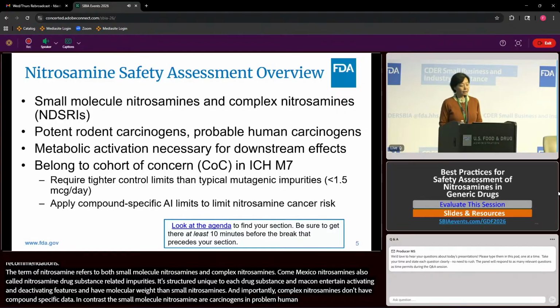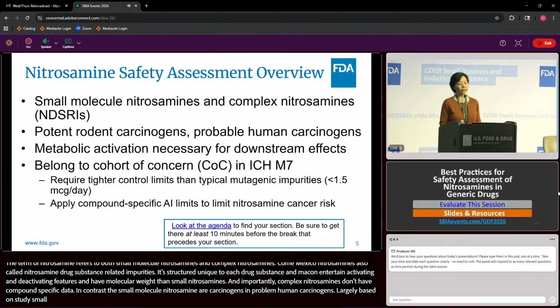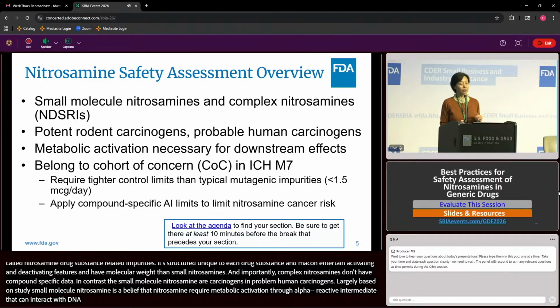Largely based on study of small molecule nitrosamines, it's believed that nitrosamines require metabolic activation, specifically through alpha hydroxylation, to form reactive intermediates that can interact with DNA, form DNA adducts, and cause gene mutation and ultimately tumor formation.